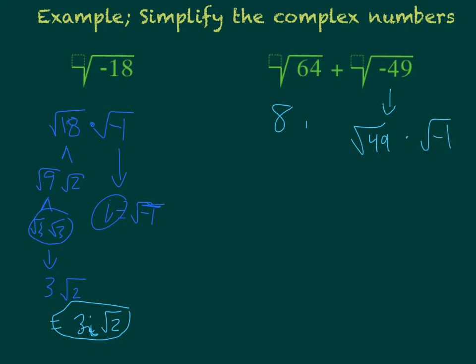Okay, and then the square root of 49 we know to be 7. So what we have is 8 plus 7 times the square root of negative 1, which is i. So 7i. And we cannot put the 8 and the 7 together because it is not 8i. So just leave it as that.